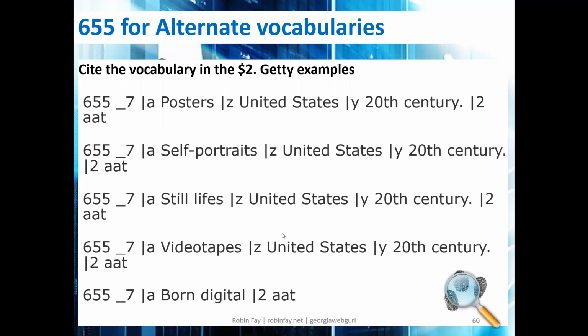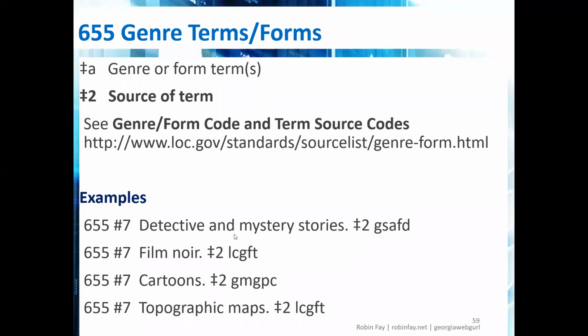There's where we're having a numerical subfield. And again, this is defined by the MARC manual and the MARC committee. So when you look at the MARC manual, you will start seeing examples for alternate vocabularies, but they must be defined in that subfield 2. That's the same thing we're seeing here. We have a 655, second indicator 7. We're using an alternate vocabulary.